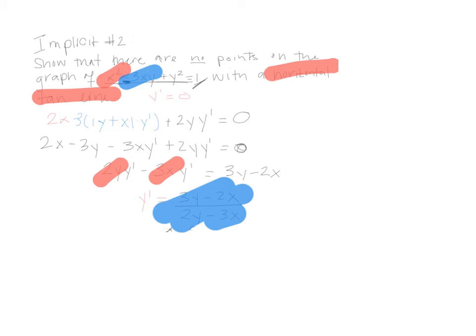For that to be the case, I would need 3y minus 2x to equal 0, which means 3y would have to equal 2x. Logically speaking, that would only be the case if y and x equal 0. But that's not a really good way to show it.